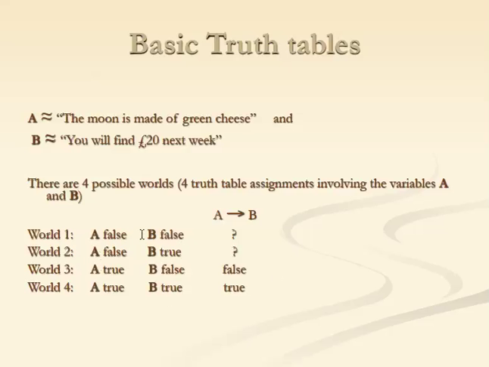And now, what about these other cases? We talked about last time already that false implies everything. But let's see again, it is a strange thing to say. In this case, if you don't find 20 pounds next week, or also if you find 20 pounds next week, this statement is true simply. It's simply correct that if the moon is made of green cheese, then you will find 20 pounds next week.